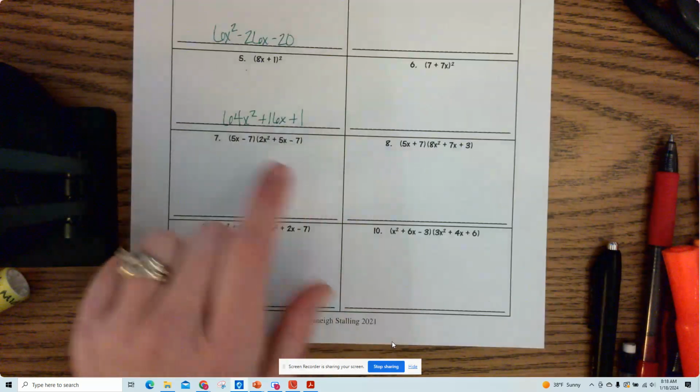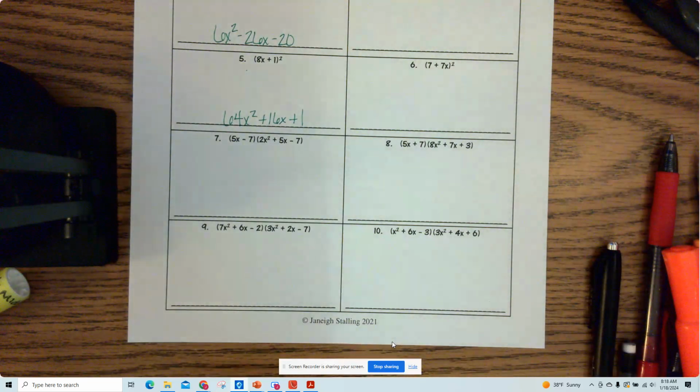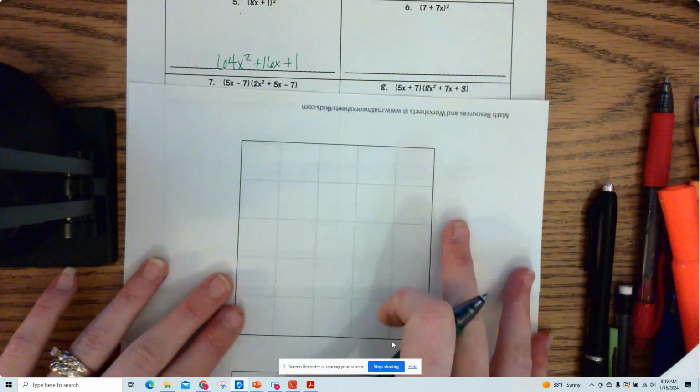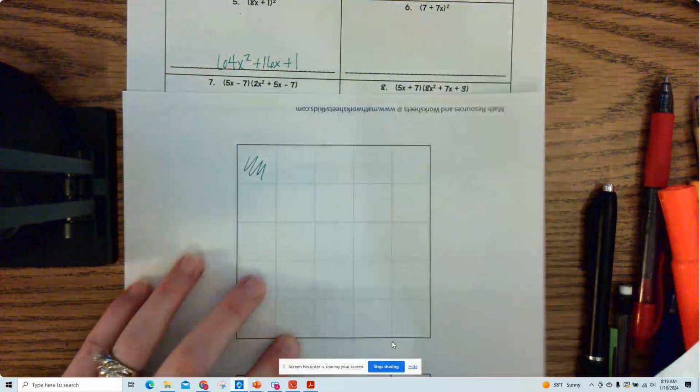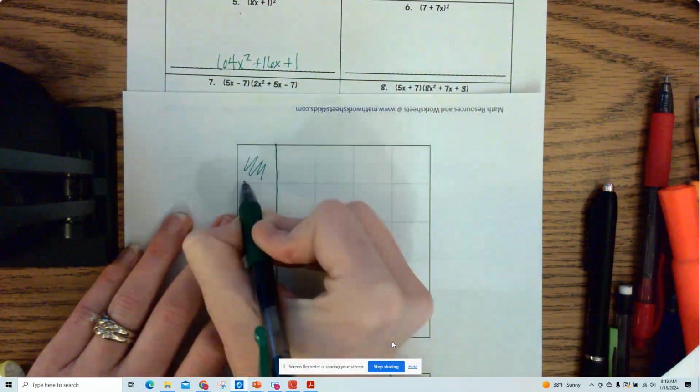All right, now we've got these 3-termers. The best option for the 3-termers is the paper. That's just the best option we have. It keeps everything nice and neat. And I flip mine upside down, just so I can get everything on the screen at the same time. Okay, top left box, we mark out. Trace the first vertical line.